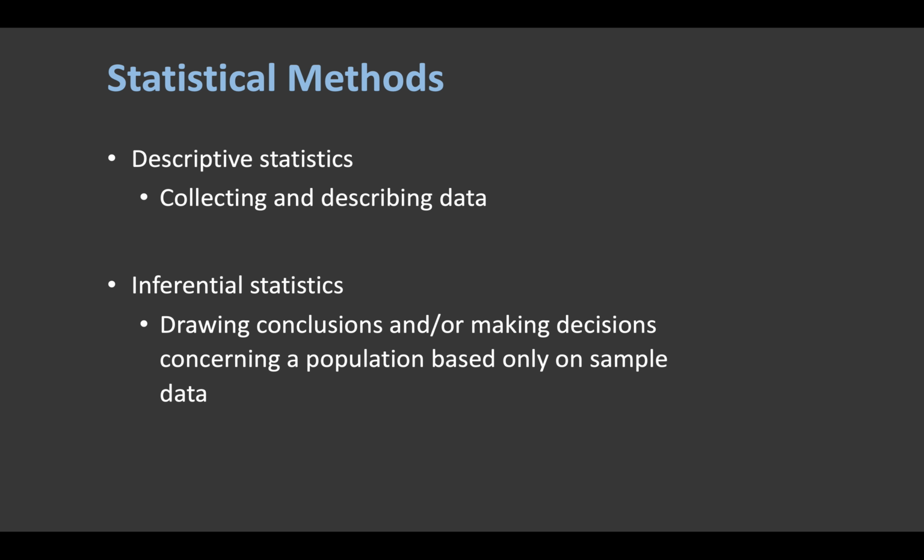And then based on probably similar information, the presidents of Northeastern University and Harvard University decided that, okay, the university needs to be closed. That's important, right? That's basically how we draw conclusions and make decisions concerning a population based on sample data.